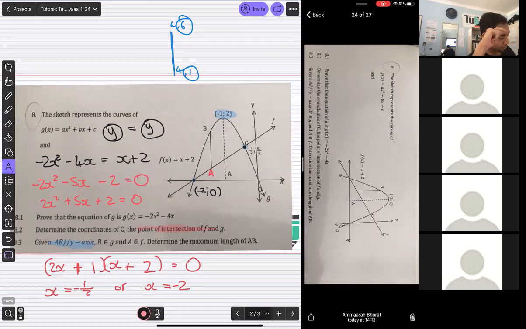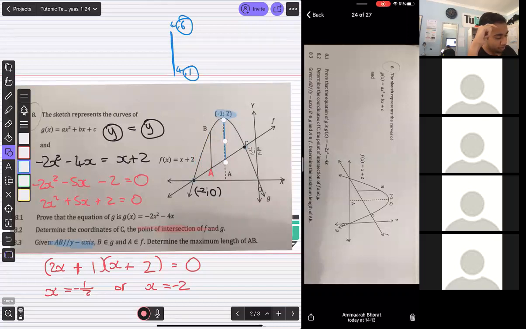They are telling you that AB is just a vertical line. And the top part of the vertical line is on the parabola. And the bottom part of the vertical line is on the straight line graph. So if I put the straight line here, then AB would be that. Do you guys see?